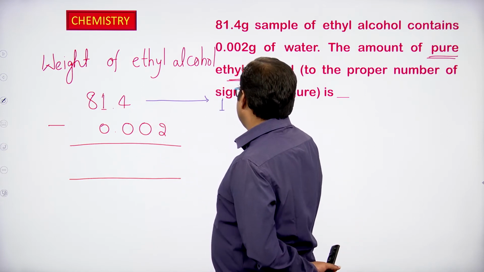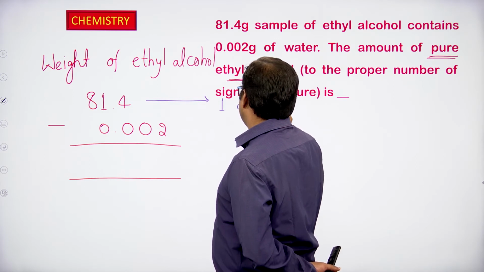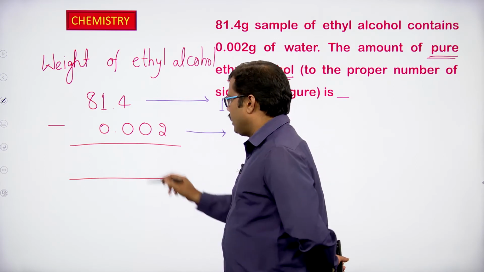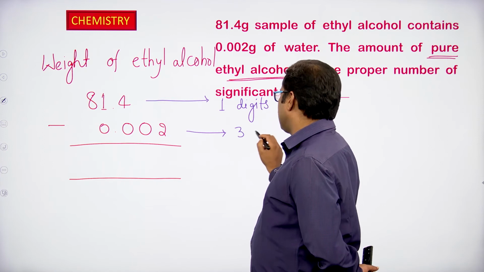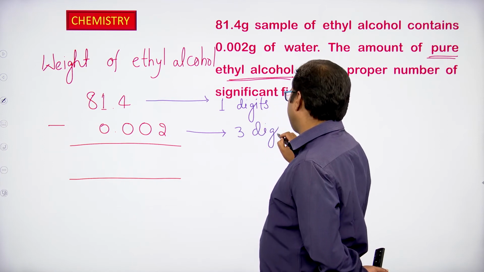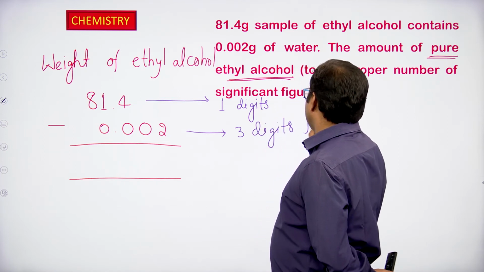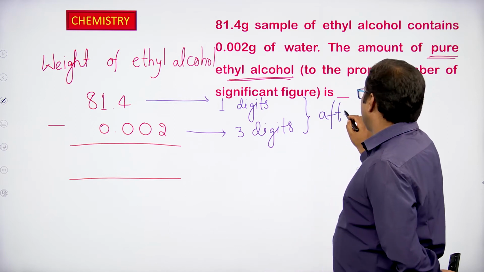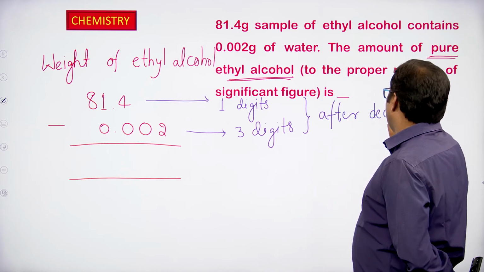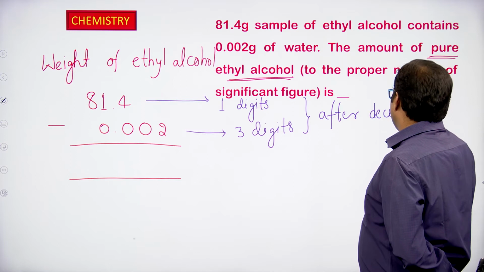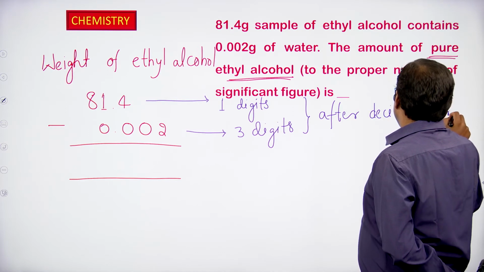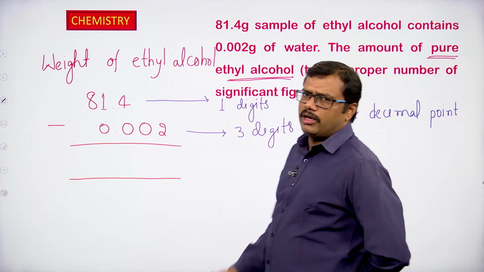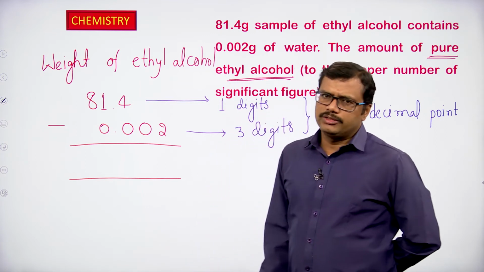Here we have 1, 2, 3, so 3 digits are present after the decimal point. So, our answer should contain only 1 digit after the decimal point. We should select the number which has the least number of digits after the decimal point.